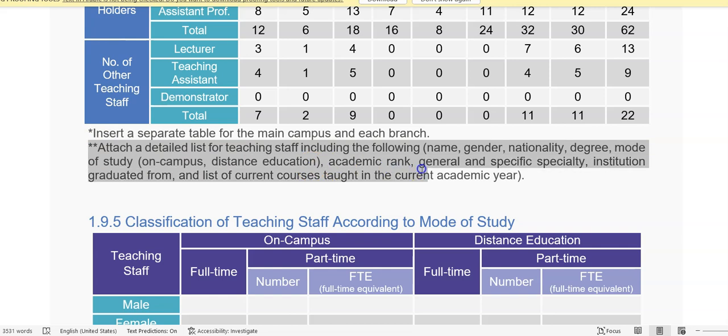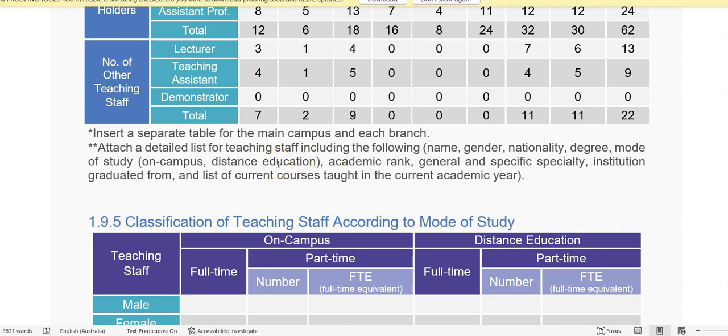This is important: attach a list of all faculty members, with name, gender, nationality, degree, mode of study, on campus, distance education, academic rank, general and specific specialty, institution graduated from, all needed information in one table. Make a table list of two or three pages, and it should be attached to the SSRP.